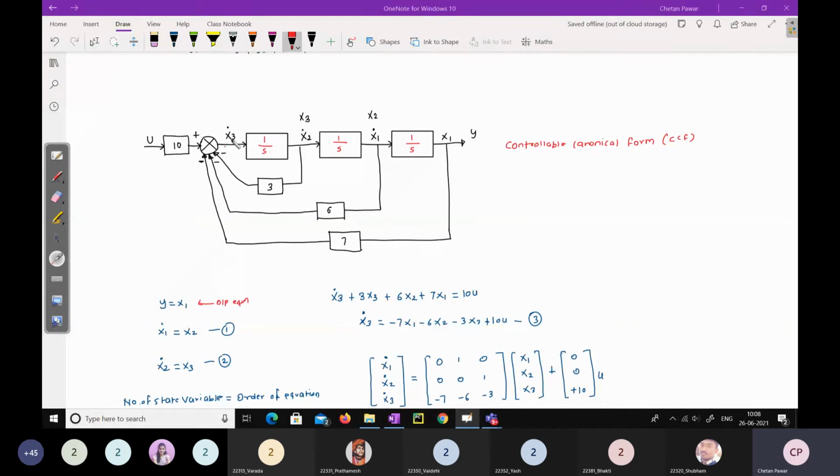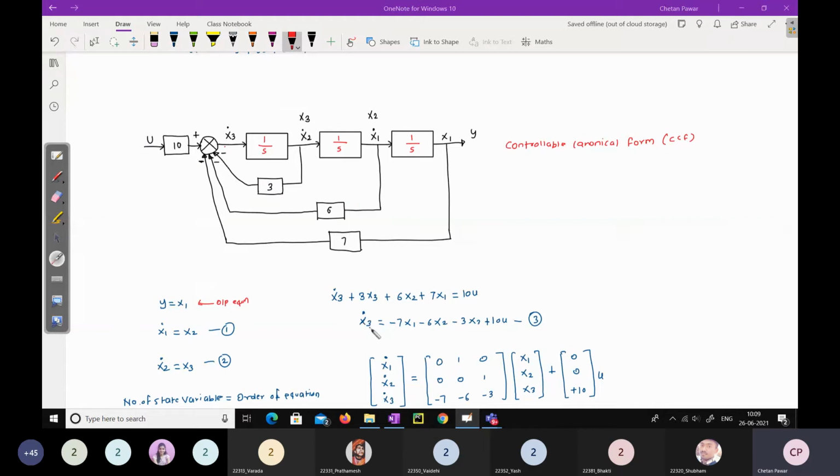If you apply a simple SFG concept here, x3 bar will be minus 7x1, minus 6x2, minus 3x3, plus 10u.